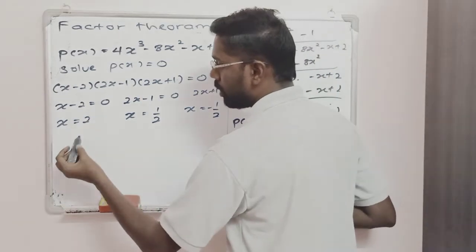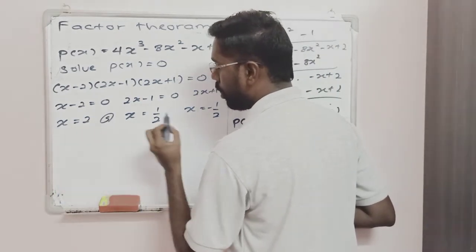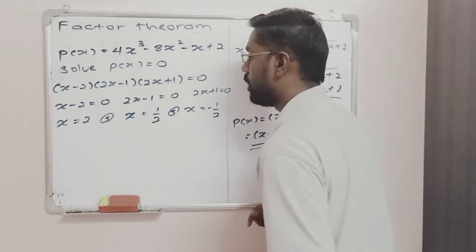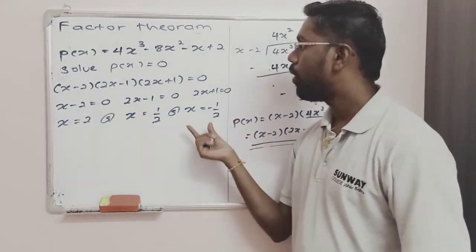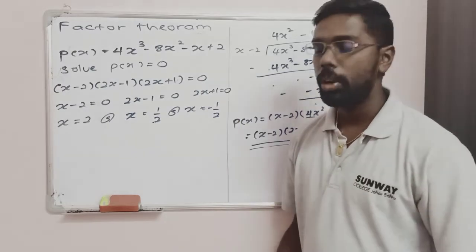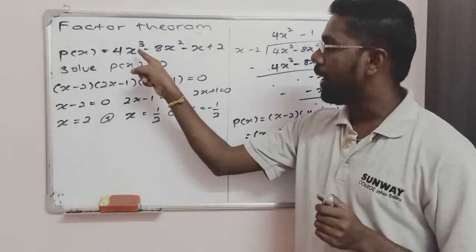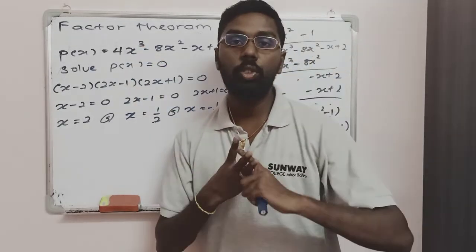Therefore, to solve this, your x value can be x equal to 2, or x equal to a half, and x equal to negative half. So these will be the 3 solutions for this particular polynomial. When you have x to the power of 3, then you must have 3 solutions.